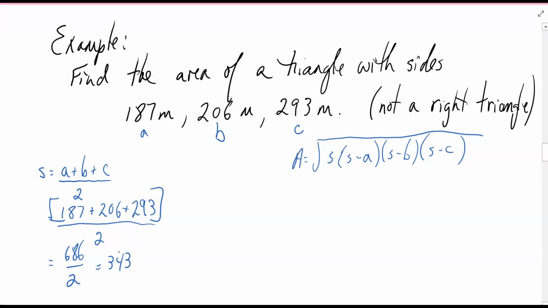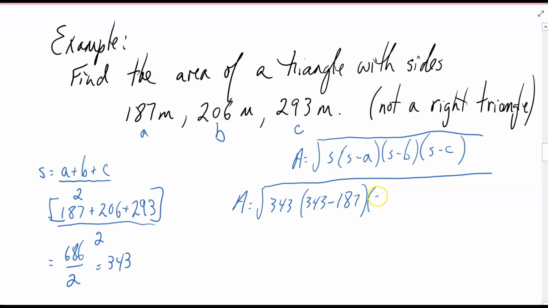All right, now when we use Hero's formula, I'll just give myself a little extra room here. Area is the square root of 343 and in brackets 343 minus A, which is 187. And the second one is 343 minus B, which is 206. And the third one is 343 minus 293.